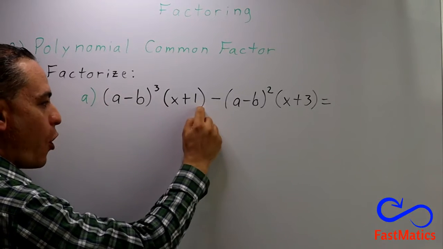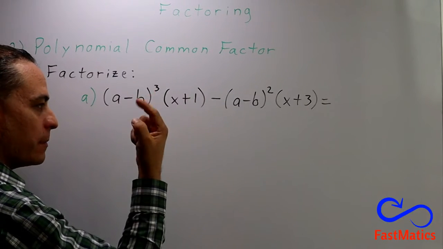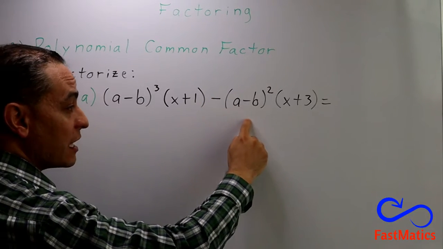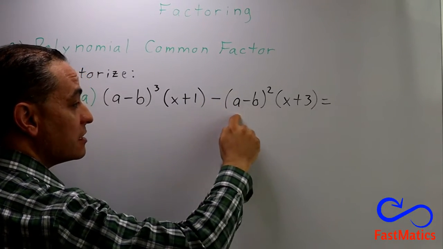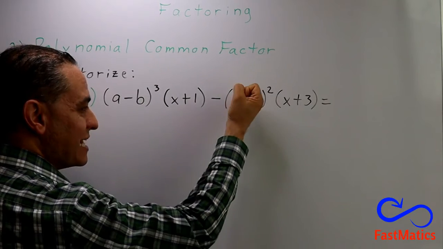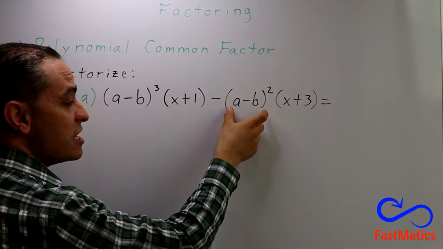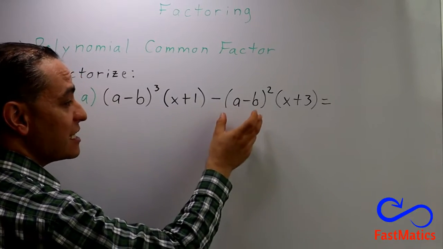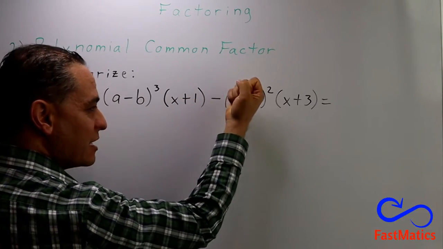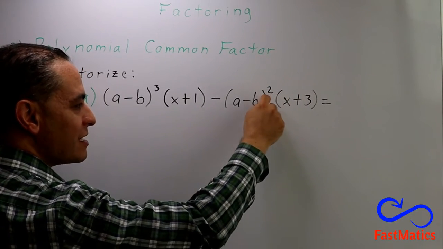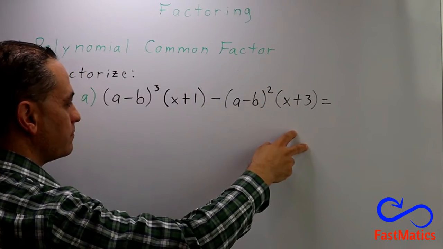So here I have only one term, separated by a negative sign from another term. Inside I have some terms, but it is not important. The thing is that I have only one thing multiplying another thing, and there are no signs between them.